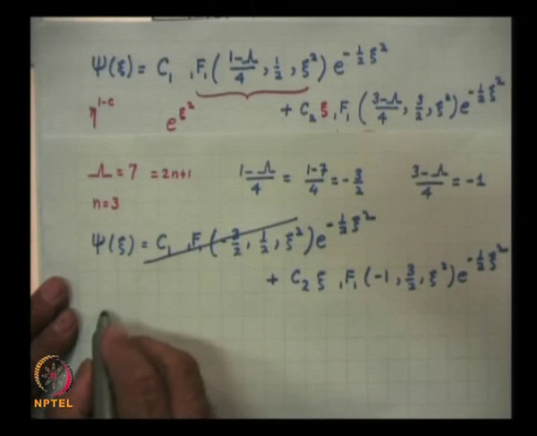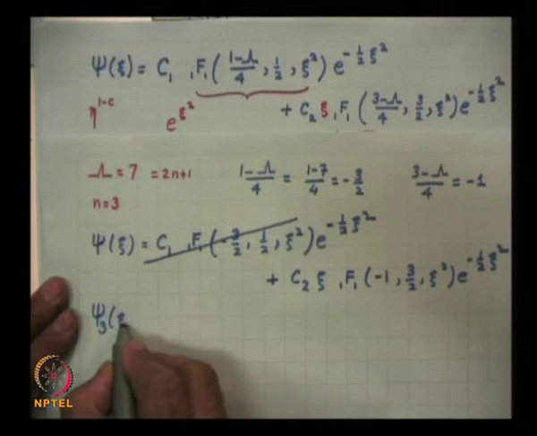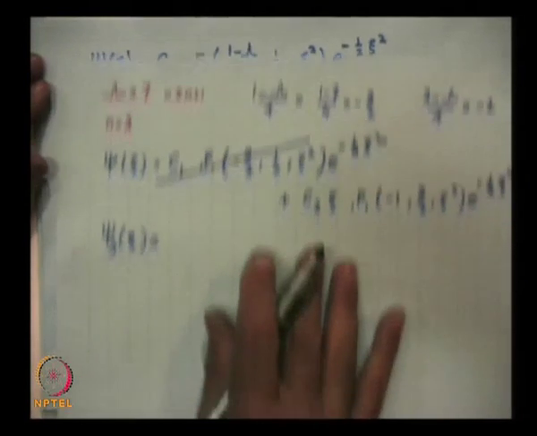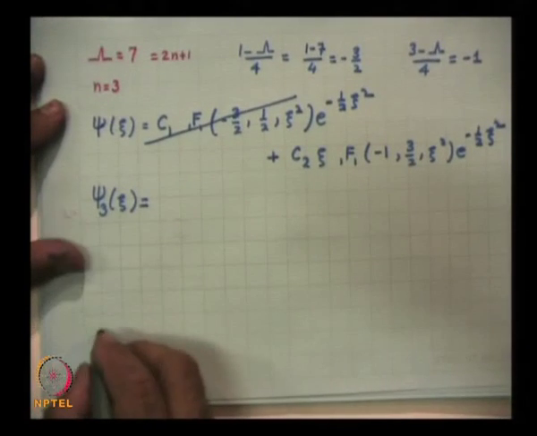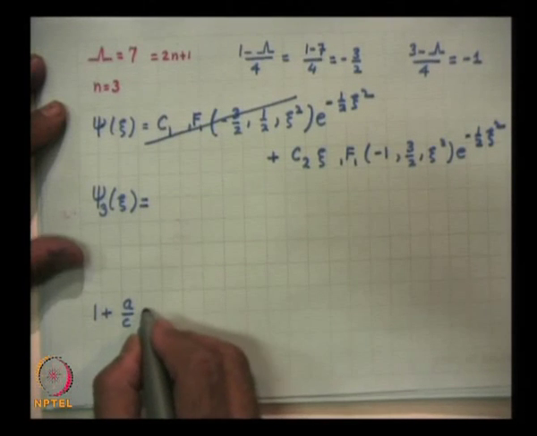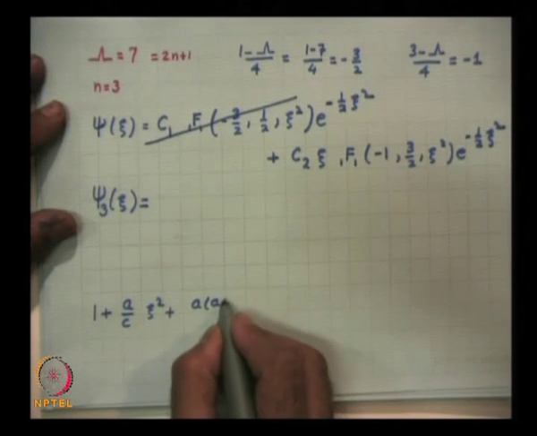So, my psi 3 of xi will be, A is minus 1. So, please recall that my series is 1 plus A by C into xi square plus A into A plus 1.